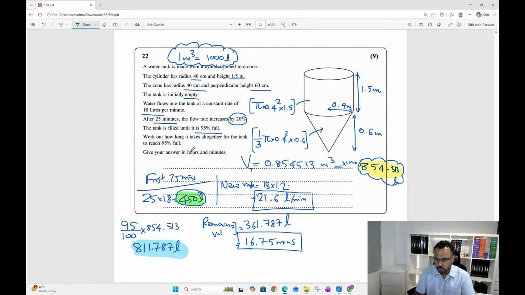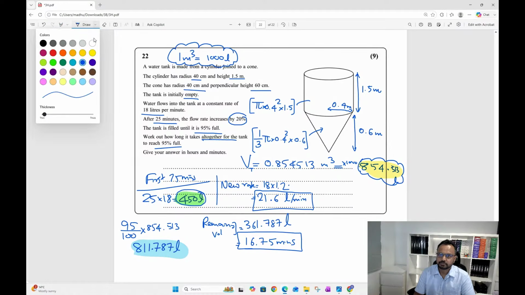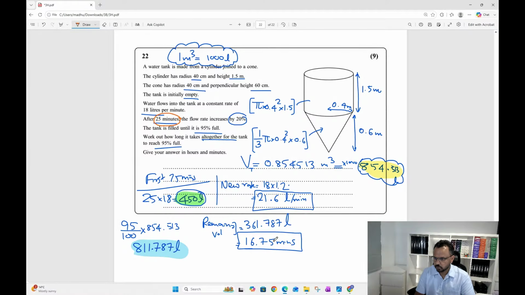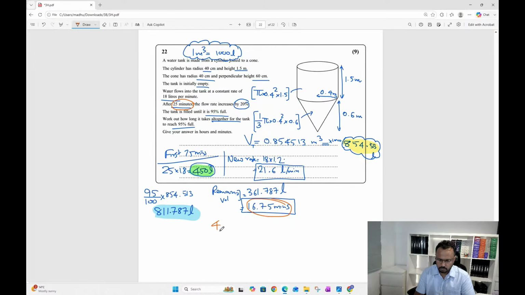Now, what is the question? How long it takes altogether to reach that level? We have 25 minutes at the beginning, 16.75 on top of that, so that gives me 41.7 minutes. Give your answer in hours and minutes. So 0 hours and 42 minutes, nearly.